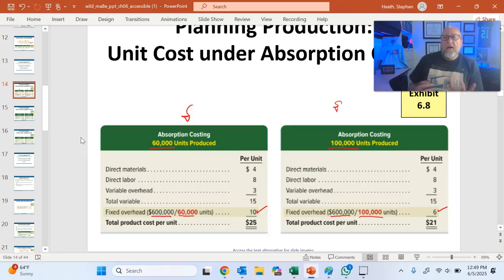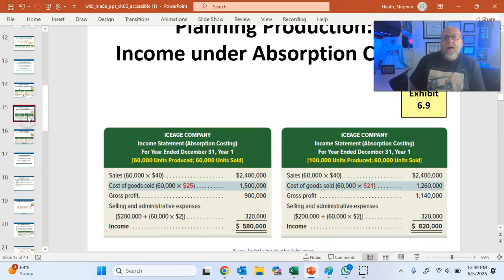Okay, so back to our example, the per unit cost, if I produce 60,000 units, is $25. And the per unit cost, if I'm producing 100,000 units, is $21. Okay, now let's go back and let's look at an instance where we are only selling 60,000 units, right?